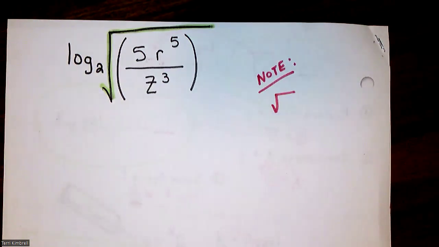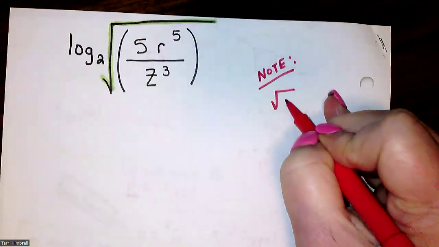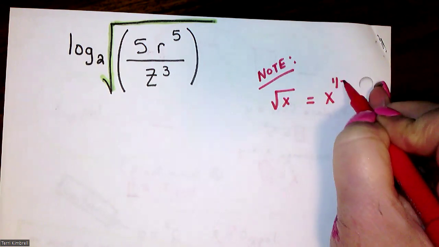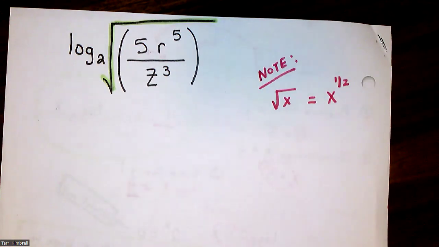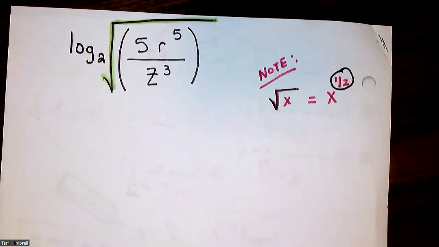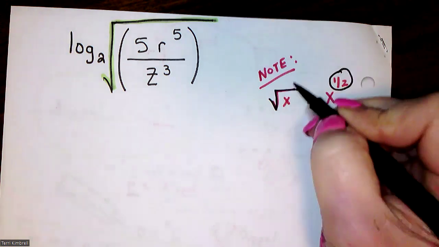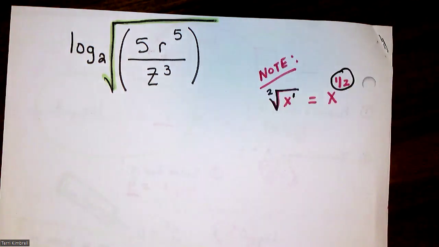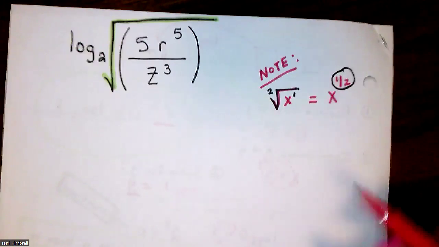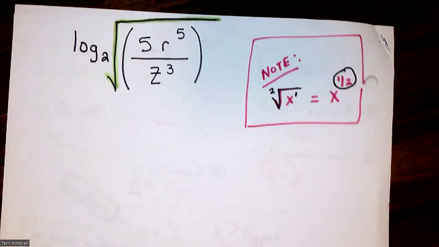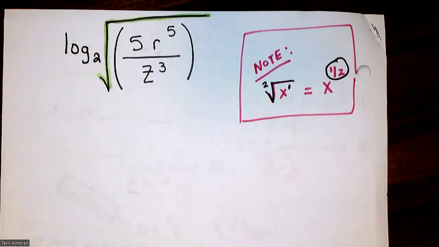If you have the square root of x, that is the same as x to the 1/2. You need to remember that a square root is the same as an exponent of 1 over 2, because the exponent is a 1 and the root is a 2. That part is very important because you'll probably see that on your assignments and tests.